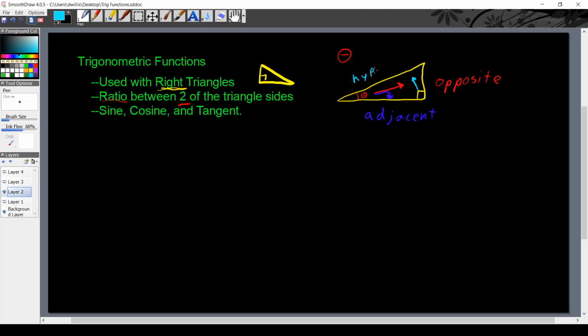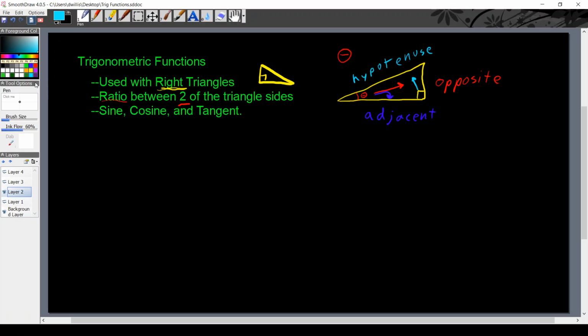It is the hypotenuse. It is not available for lesser roles like adjacent. It is in the starring role of hypotenuse. So we've got our three sides: the opposite side, the adjacent side, and the hypotenuse. And all those are relative to where theta is.